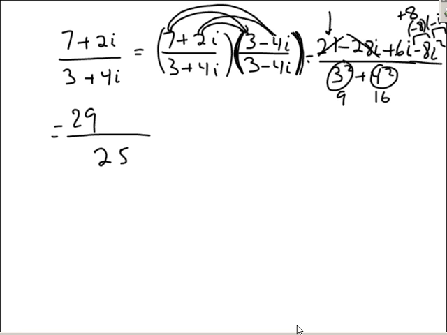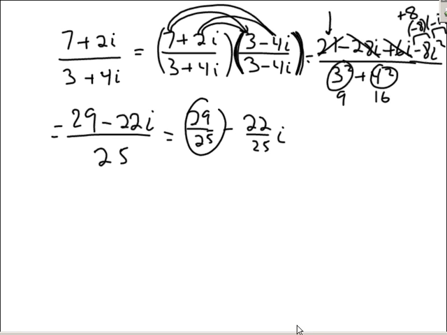And if you take away 28 i's and you add back 6 i's, you've only taken away 22 i's. Now this is in a plus or minus bi form, and this is 29 over 25 minus 22 over 25i. And I guess you should check to see whether or not you can reduce that. And in this case, you can't. So multiplying by complex conjugates got the denominator to not be complex.